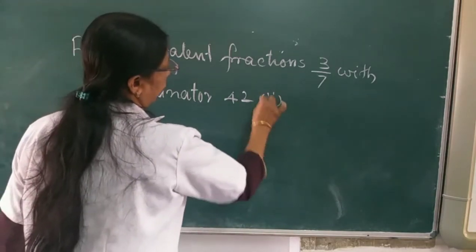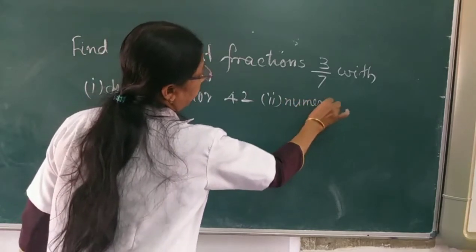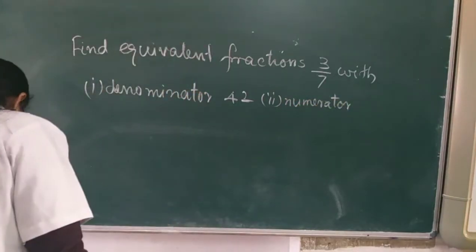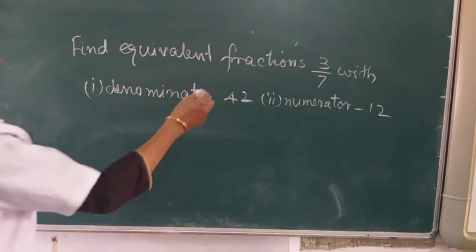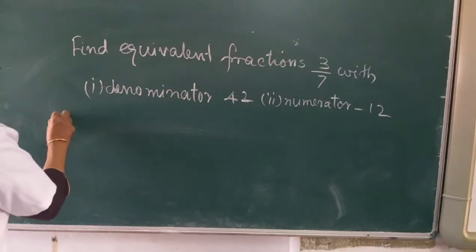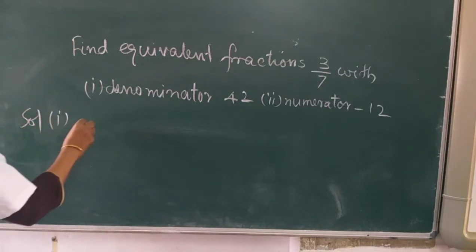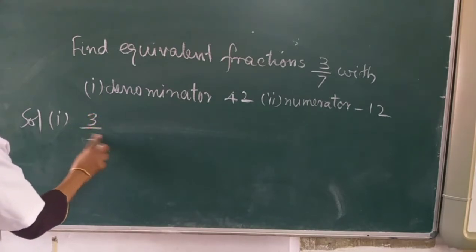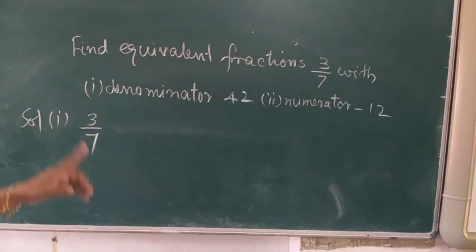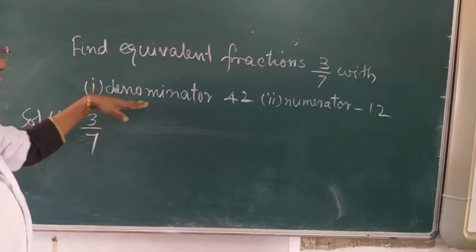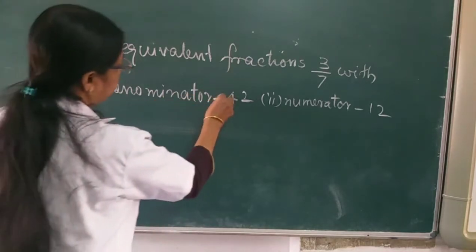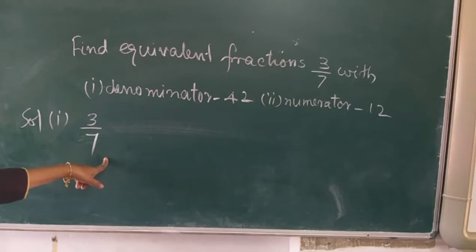Second one, numerator 12. Okay. We have to find this. See, the given fraction is 3 by 7. Here the denominator is 7. In the first question, the denominator is 42. Convert this 7 into 42. How to make it possible?